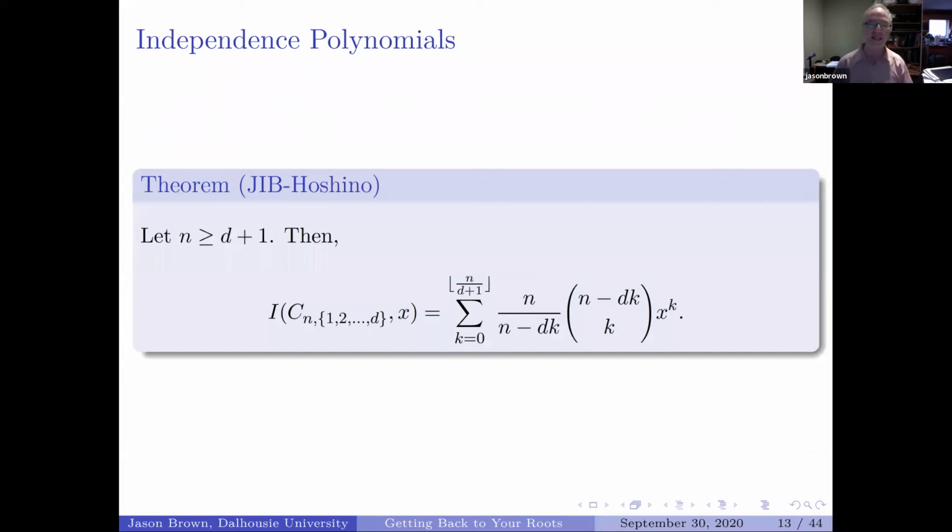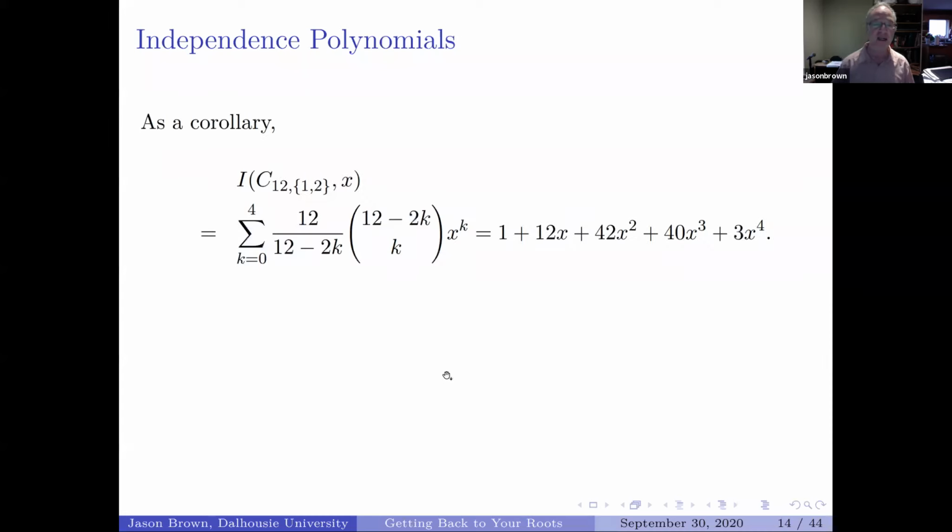And the formula is the sum k equals 0 up to the floor of n over d plus 1 of a binomial coefficient, n minus d times k choose k, multiplied by a fraction, n over n minus d times k. So that gives us a formula for these independence polynomials, which is of interest in its own right. It's non-trivial to find these formulas.